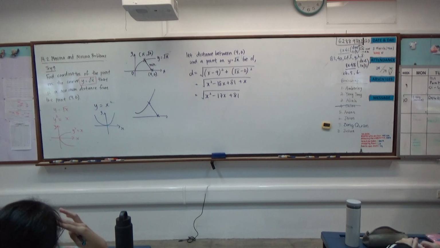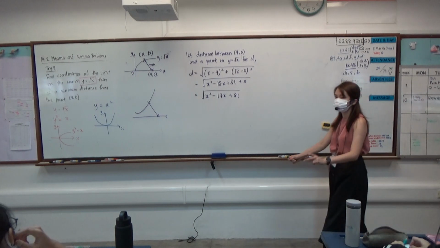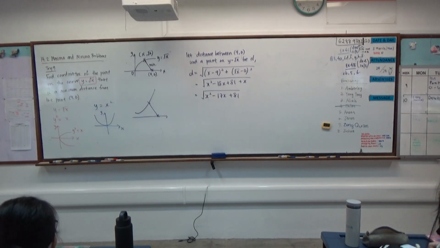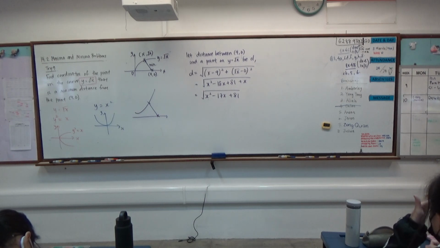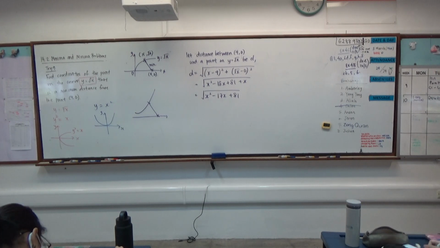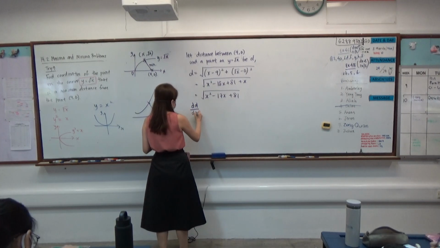Then you can figure out the second derivative, whether it is going to give you a minimum. So find dD over dx.